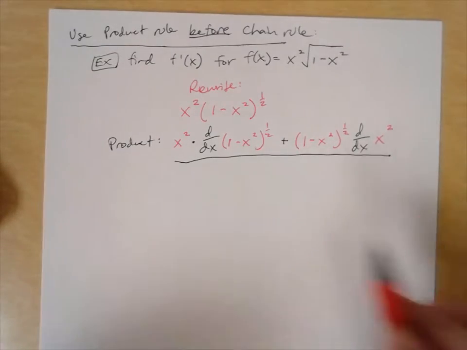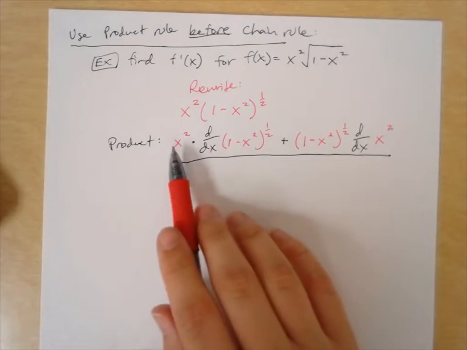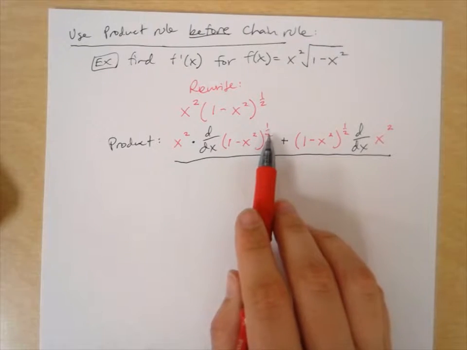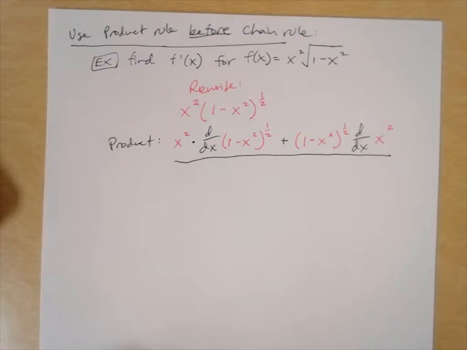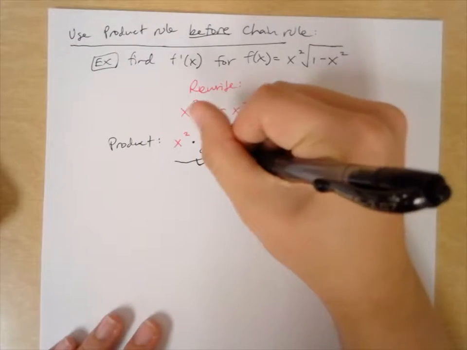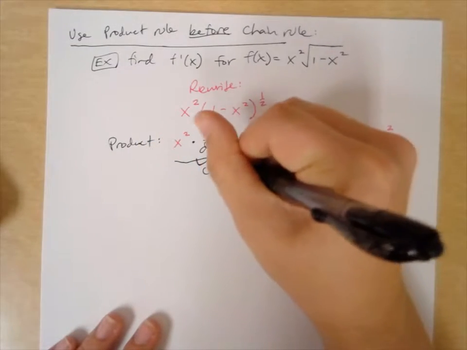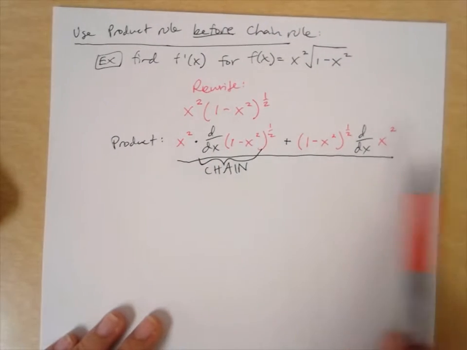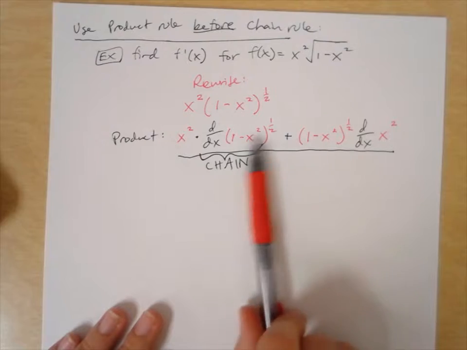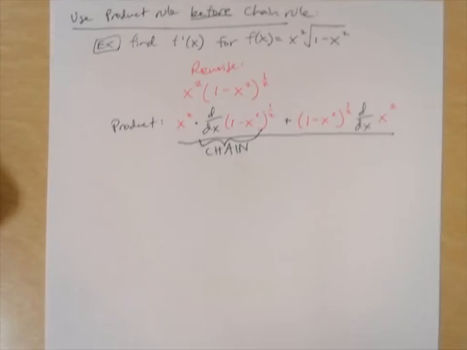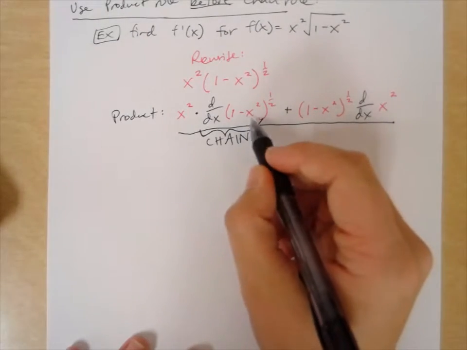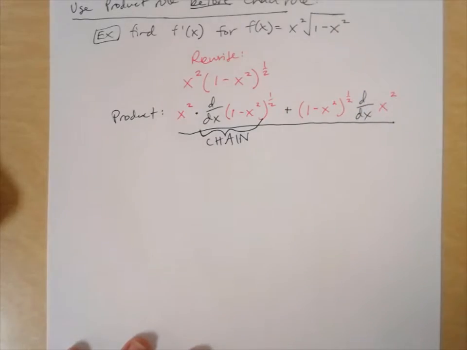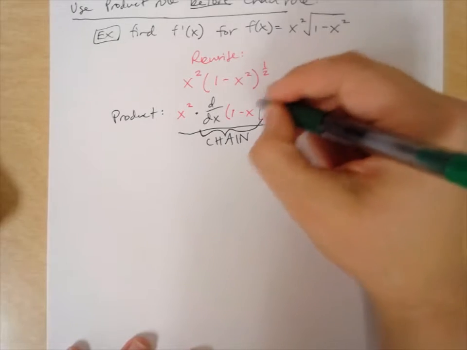Okay, so when we take the derivative of 1 minus x squared to the 1/2, this is something that we are in fact going to need the chain rule for. We're not going to need it here, and we're not going to need it for anything else, but we do need it right here to take this derivative. So let's get started with that. If I were to take the derivative of this whole thing, first I'm going to take the derivative of what's going on outside.